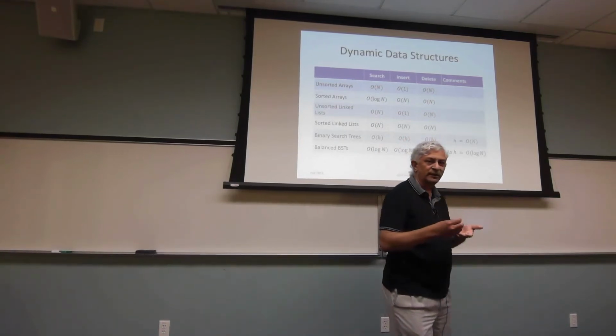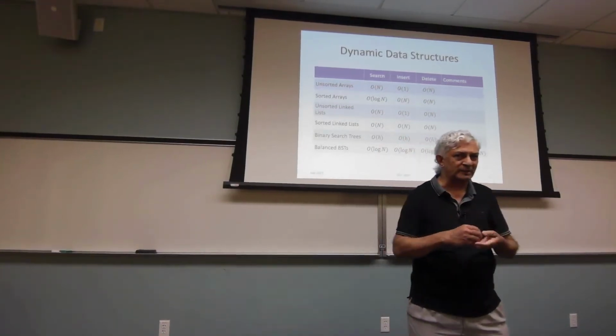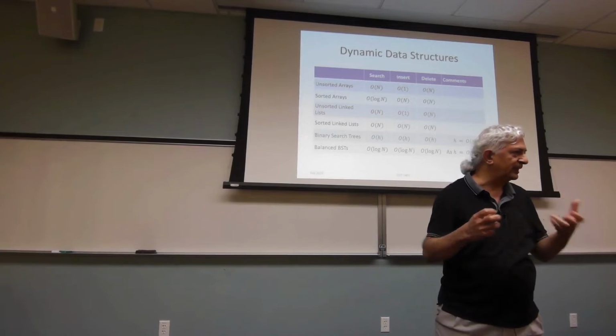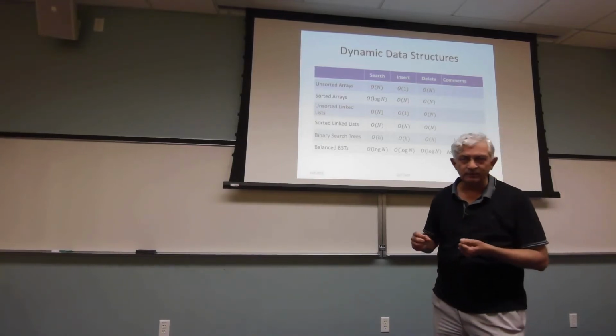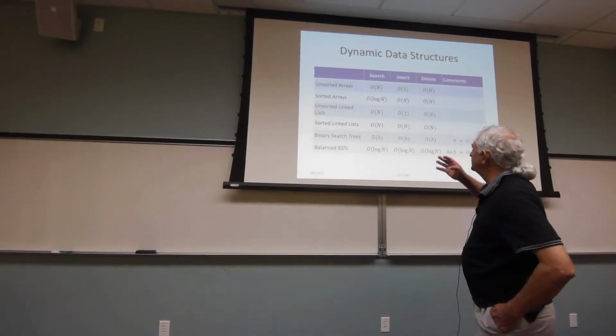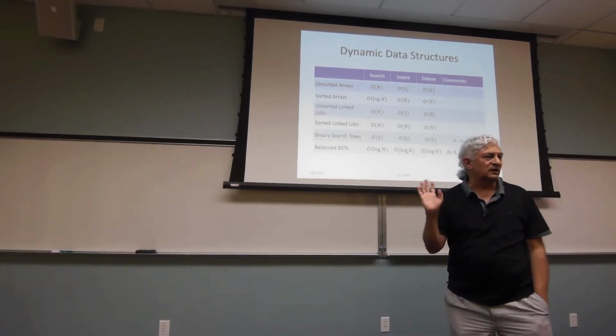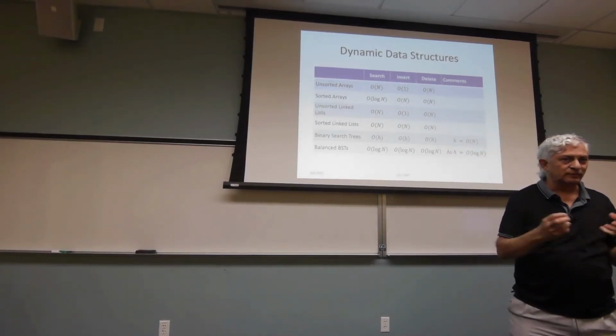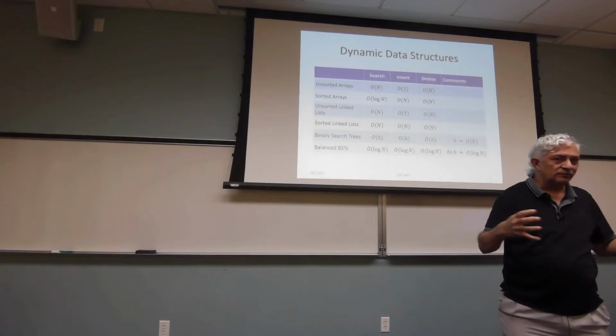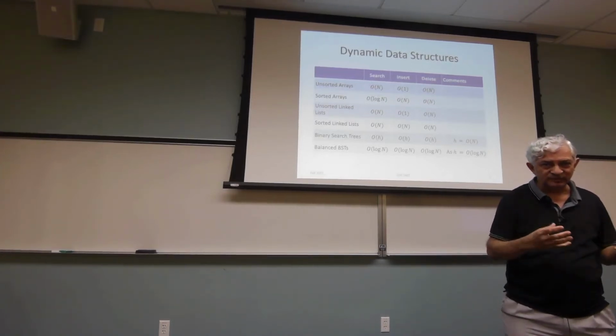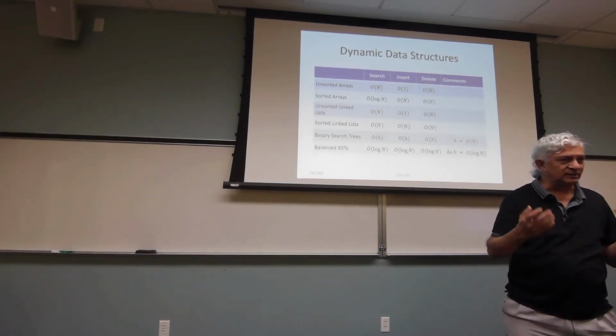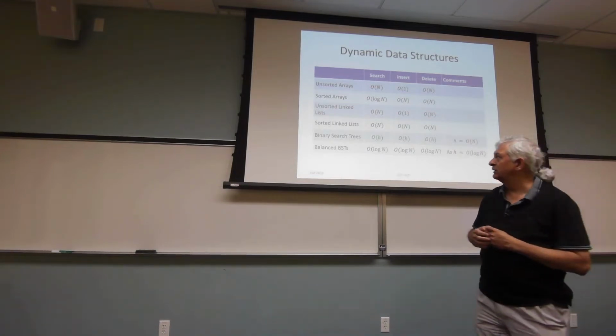However, in a sorted array, insert operations are expensive because you have to move things and make space for them. Okay. Delete operations are expensive in both for the same reason that you have to make sure that the array is properly formulated at the end of the delete operation.